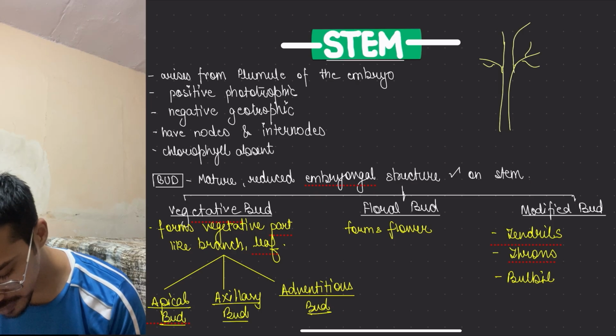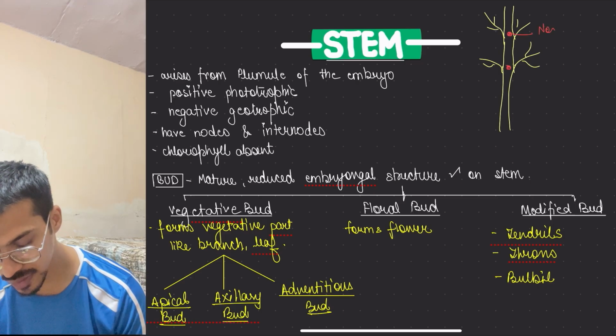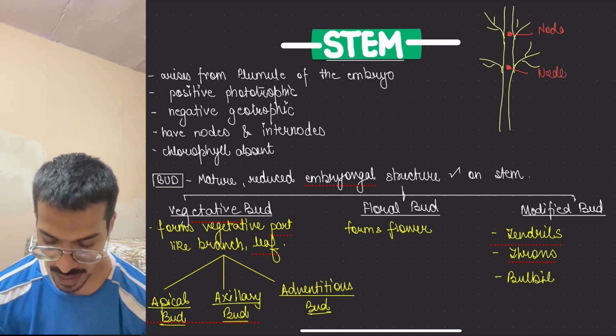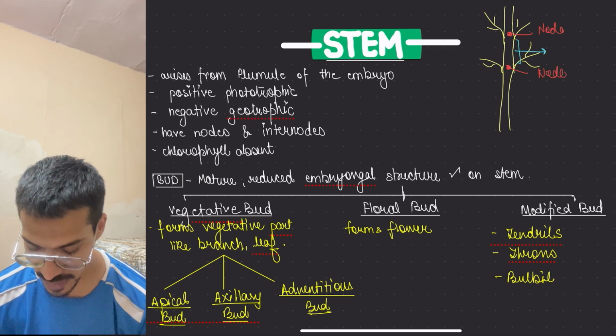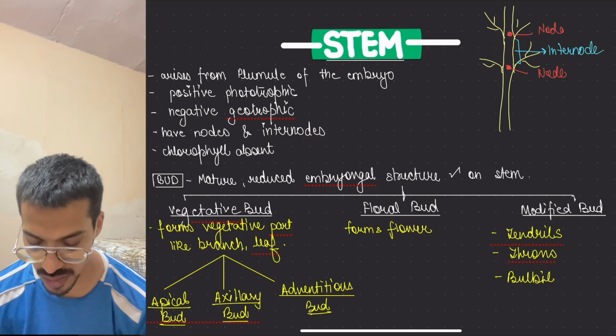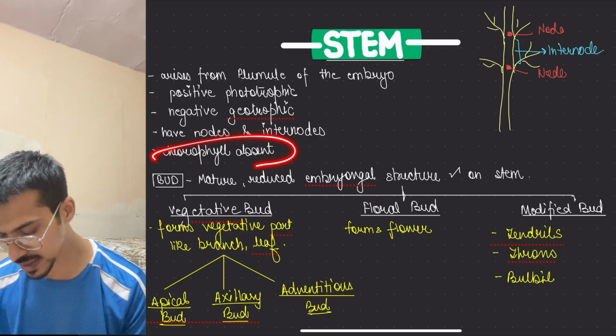It will grow further. You might have seen, the stem comes out and grows further. So this part and this part is node only. And in between, this area is called internode. In between the node area is called internode. Simple.